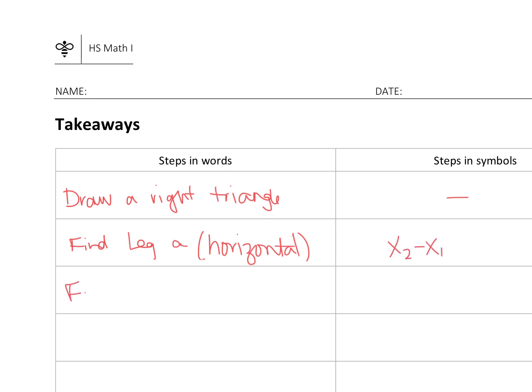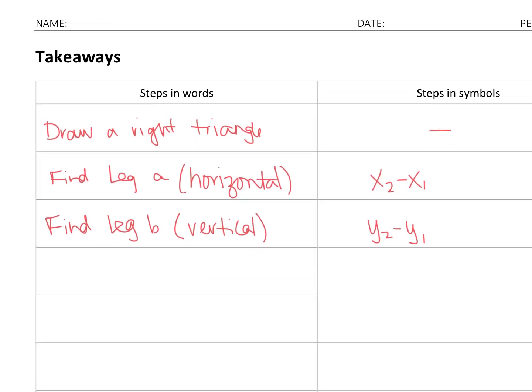And then find leg B, and that's going to be the vertical leg, and that's going to be y2 minus y1. Once we've done that, we plug those values into Pythagorean's theorem. Plug into PT, shorthand for Pythagorean's theorem.